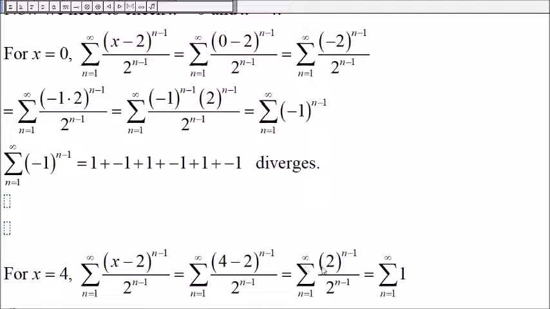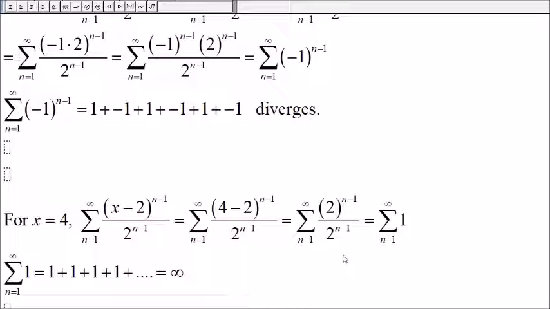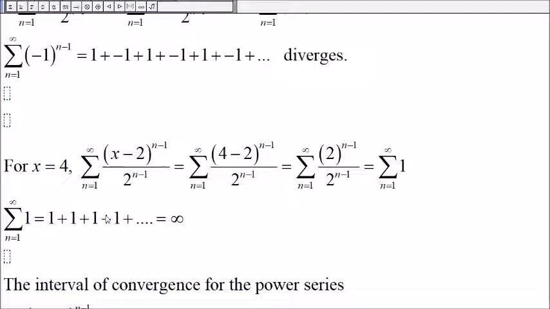So we end up with 2 to the n minus 1 divided by 2 to the n minus 1, which is 1. And then this summation means 1 plus 1 plus 1 plus 1 forever, and therefore it's infinity. And so when x is 4, the power series diverges also.